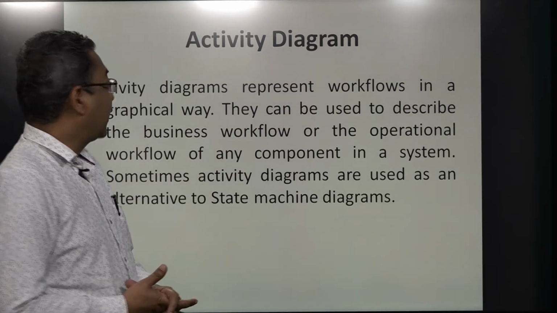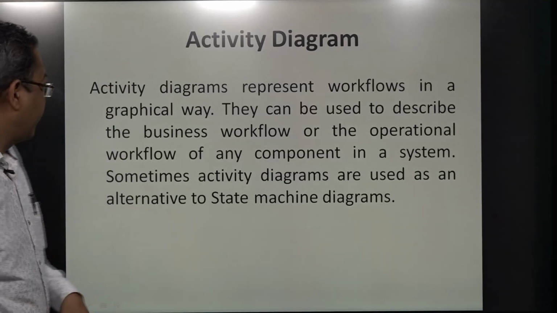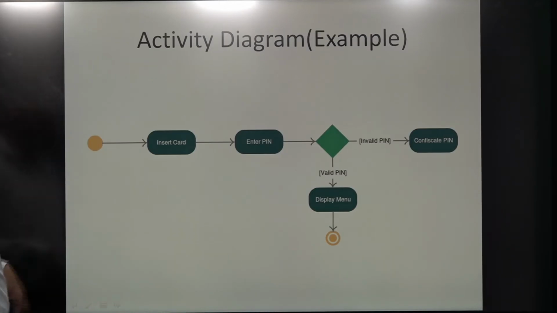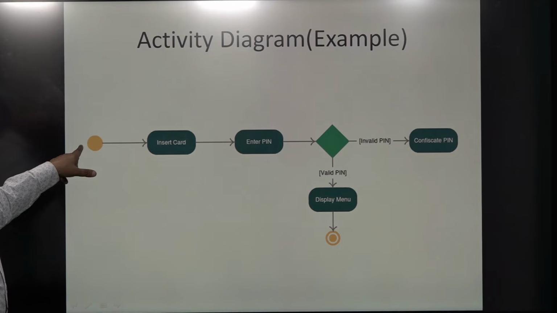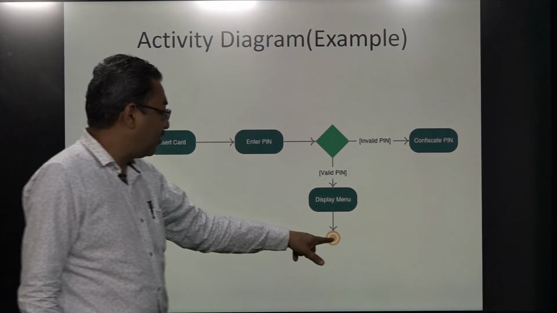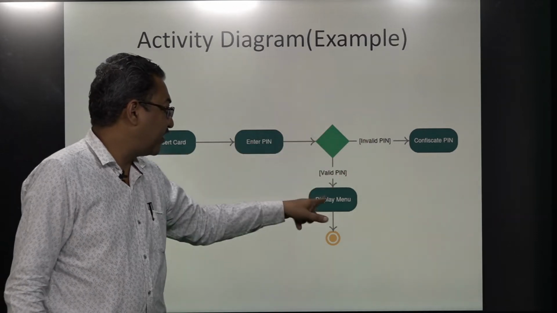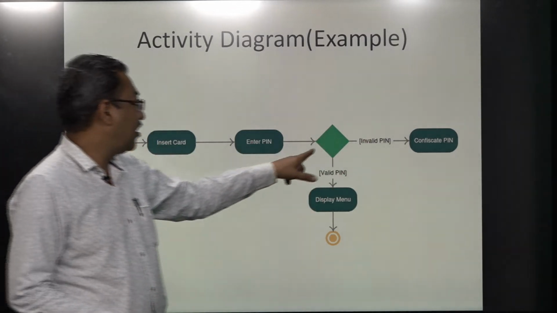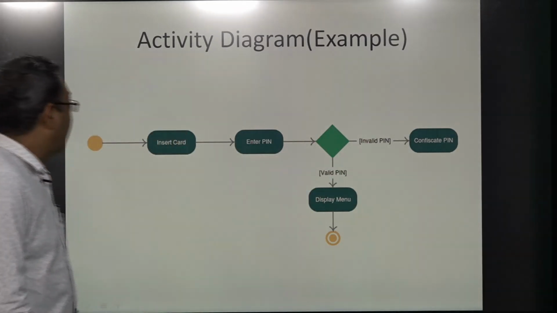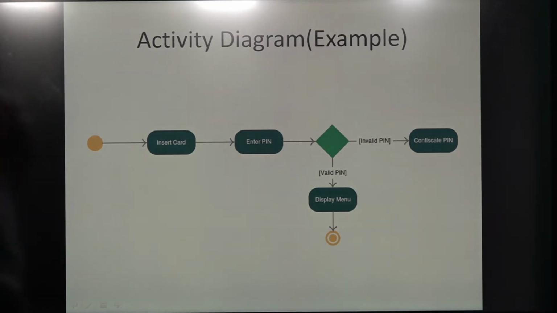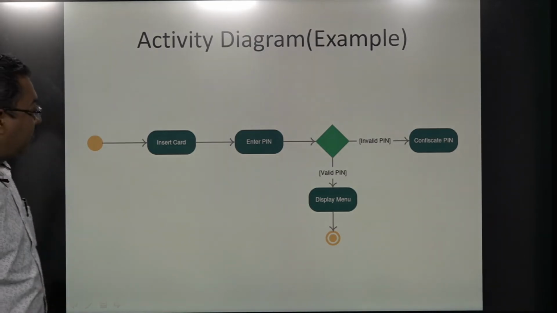So if I say activity diagram shows the flow only, how do they show it, using the activity diagram. This is the start of the activity diagram, this is the end of the activity diagram, and these are the different activities. This is the decision maker, right, that is used for making the decision in the activity diagram.